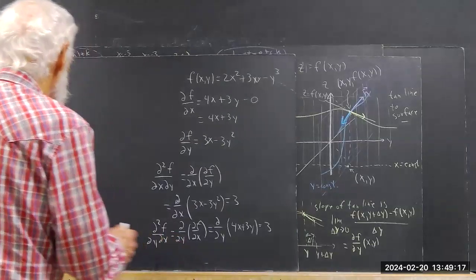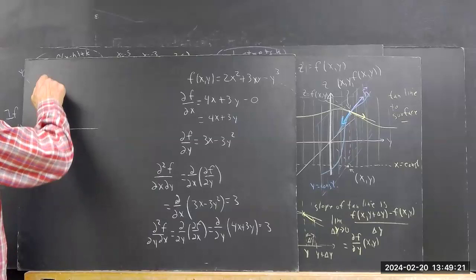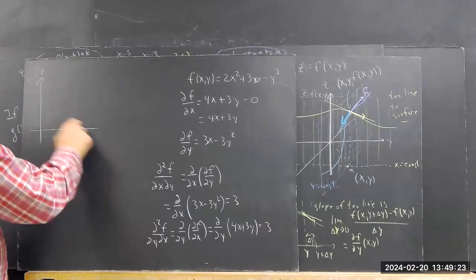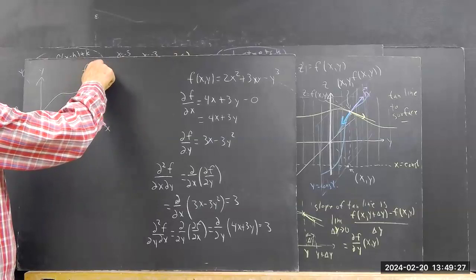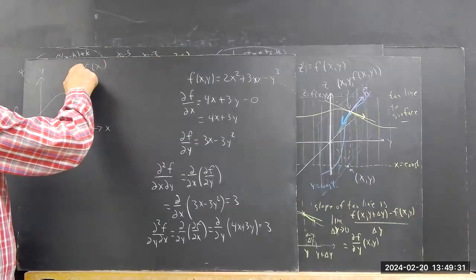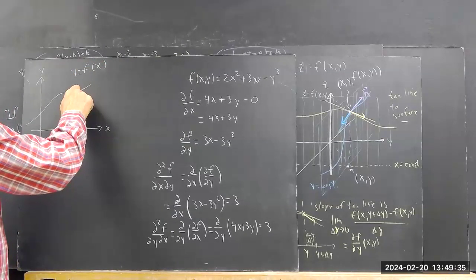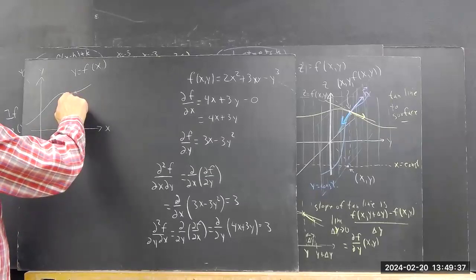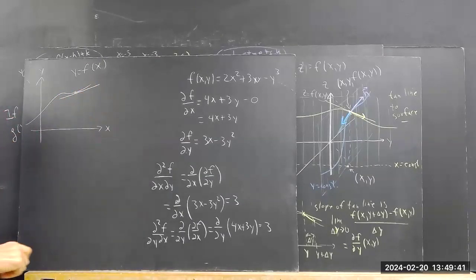So let me just review. I'm not even going to review, I'm just going to write it out. Okay, here we have y, x, and some function. Y equals f of x. And we'll take some point here. And here's your tangent line.